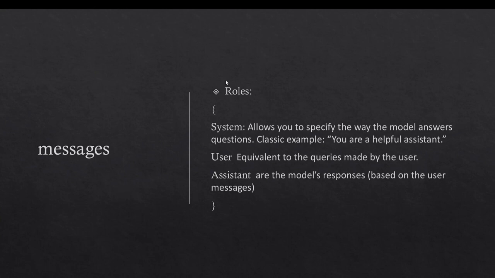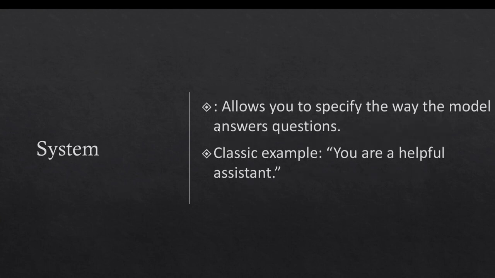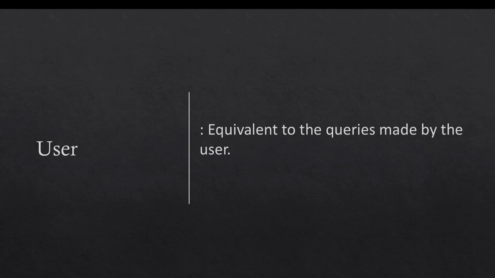So this is the role: if it is system, that means you're defining the nature of your assistant. A classic example is act like a helpful assistant, or be poetic and help the user query. If the role is user, that means you are sending that content as a query.